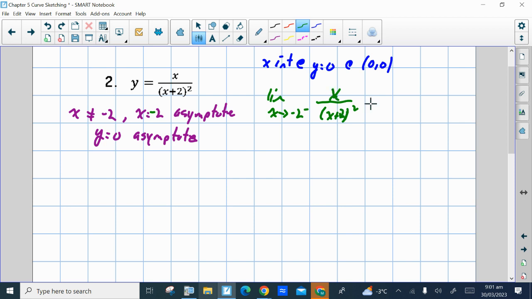So as x approaches -2 from the left, the top number will approach a value of -2. But as we're approaching -2 from the left, that means like -3, -2.5, -2.1. So that's going to make x plus 2, that gap, get smaller and smaller.